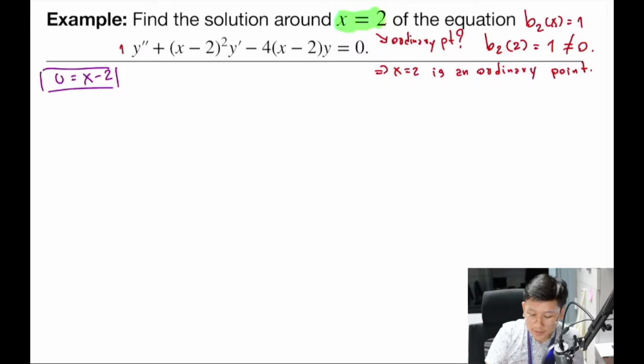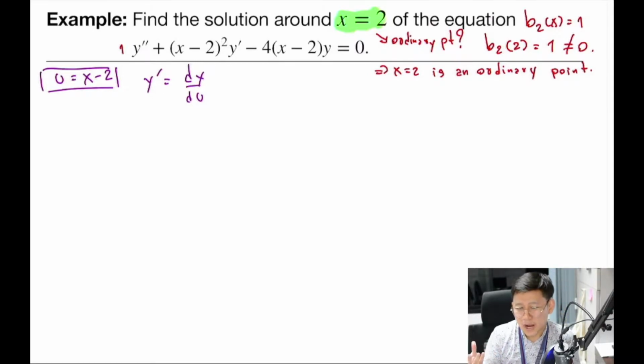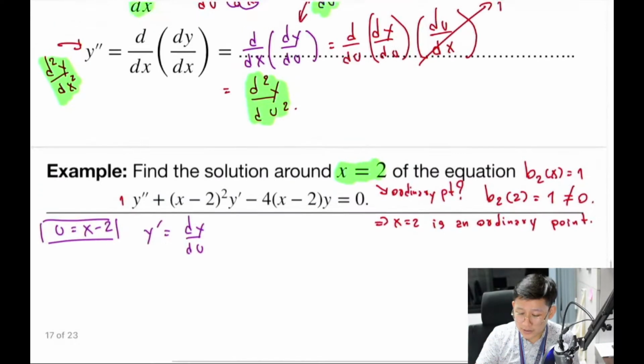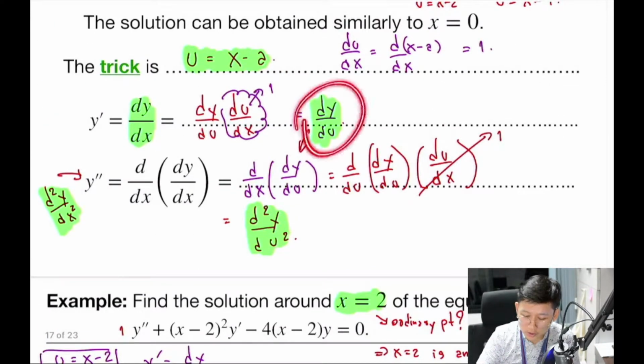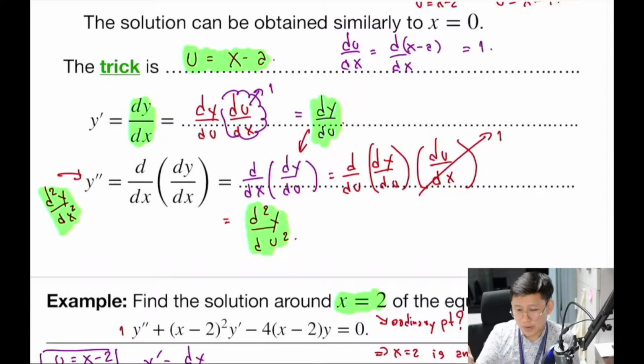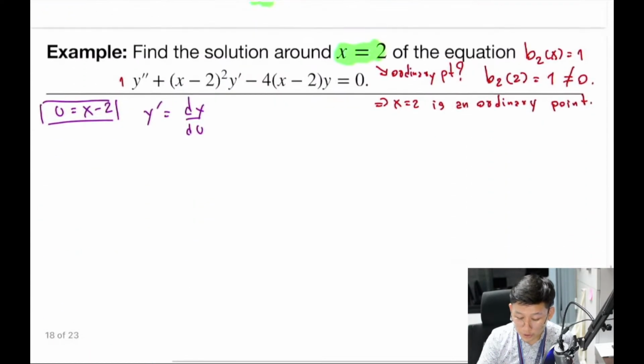Then y prime is actually dy by du. Y prime is dy by dx, but again dy by dx is the same as dy by du, as we wrote here, so it doesn't really matter. Because we do a substitution and we have a variable u, I'm going to use dy by du.